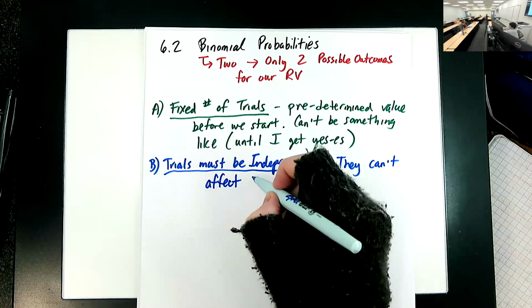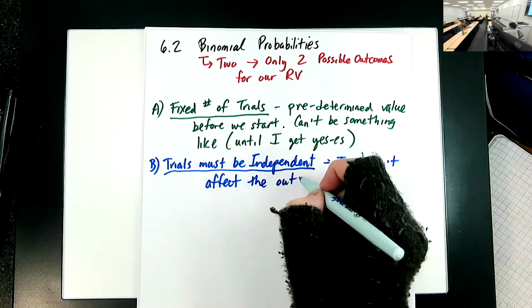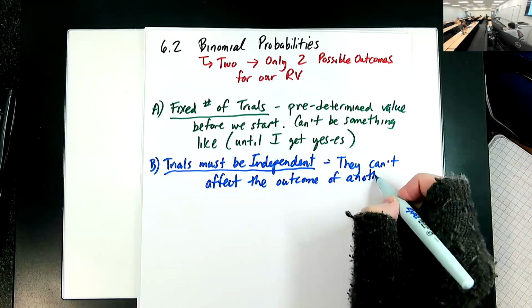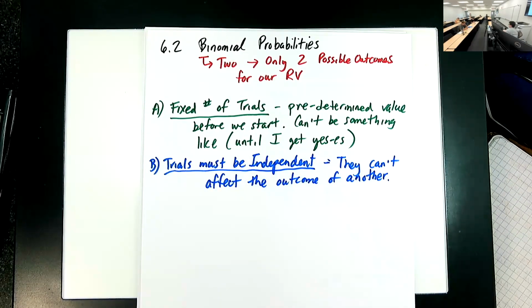You can't affect the outcome of another. This happens with rolling dice, but not dealing cards. As I deal cards out, the probability of getting another card, like a card of the same suit, goes down. So the trials are not independent.